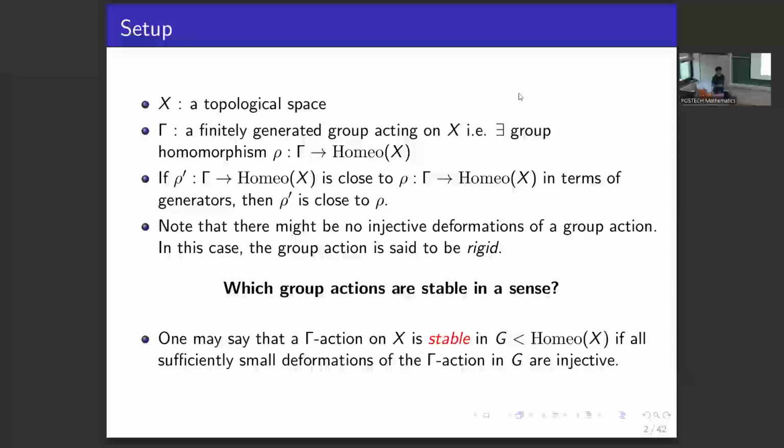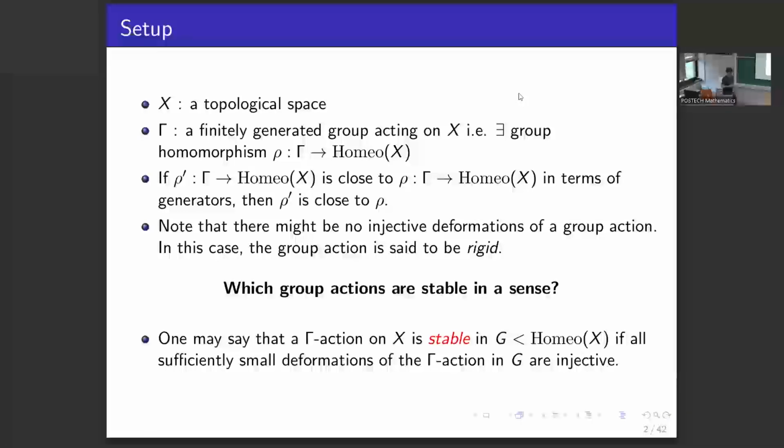You can think of the space of all homomorphisms of gamma into the homeomorphism group of X. There is the inclusion homomorphism of gamma into the homeomorphism group of X. Then you can think of a neighborhood of this representation.